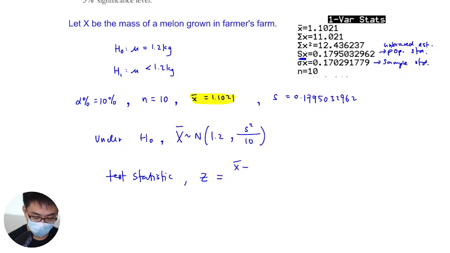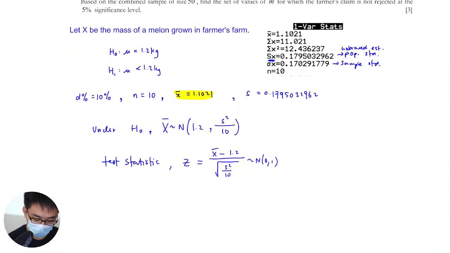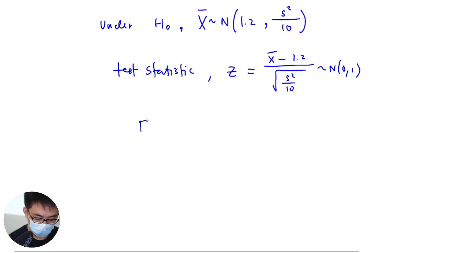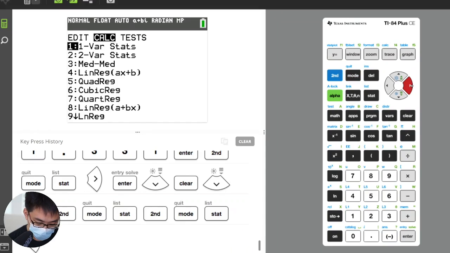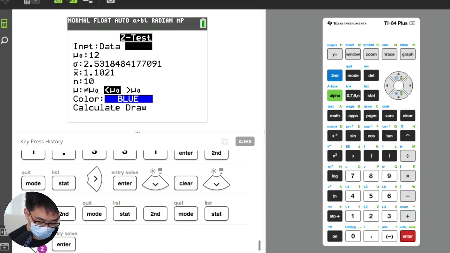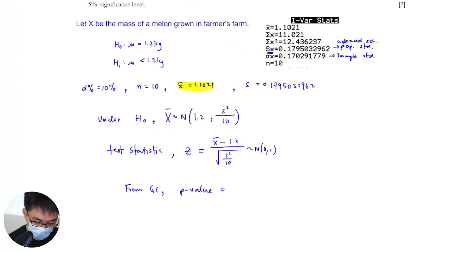From the GC, the p-value is what? Just key in p-value. Mu naught is 1.2, sigma is 0.1795.